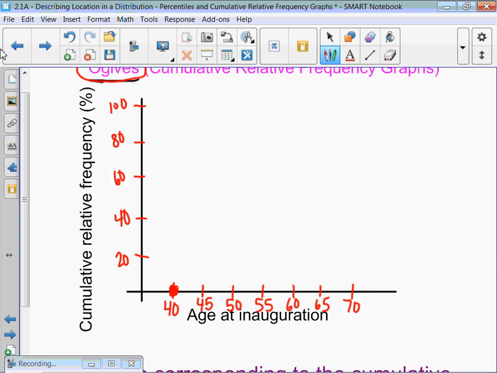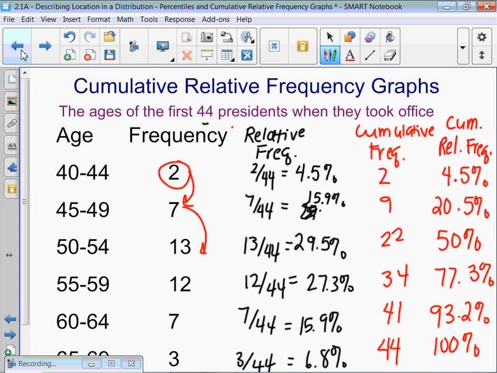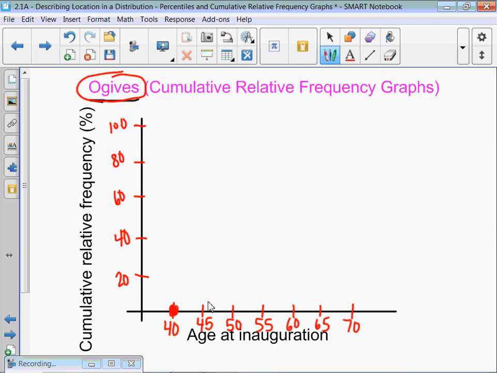So what percent of presidents were under 45 for relative cumulative frequency? 4.5%. All right? So you always go to the next one. This bracket really represents under 45. So when I go to 45, I'm putting 4.5% on here.